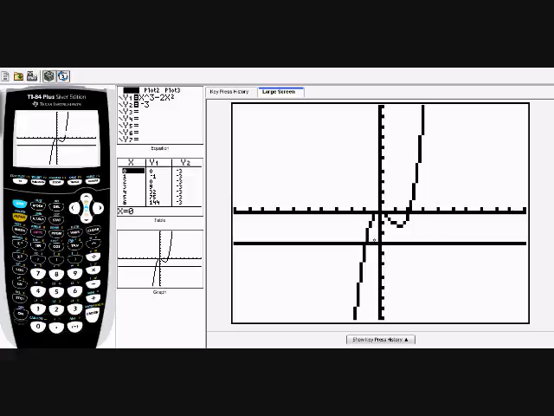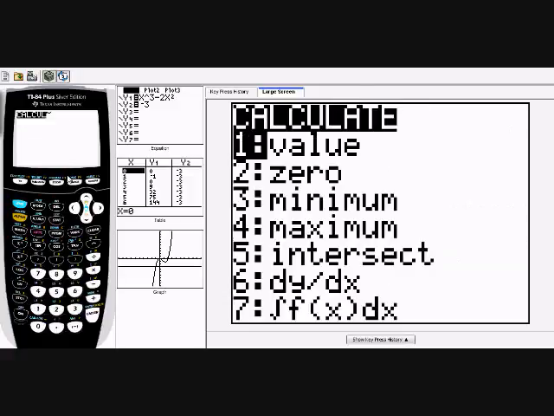So I see the intersection down in here. So I'm going to let the calculator find the intersection for me. To do that, you hit second trace, and number 5, intersect.